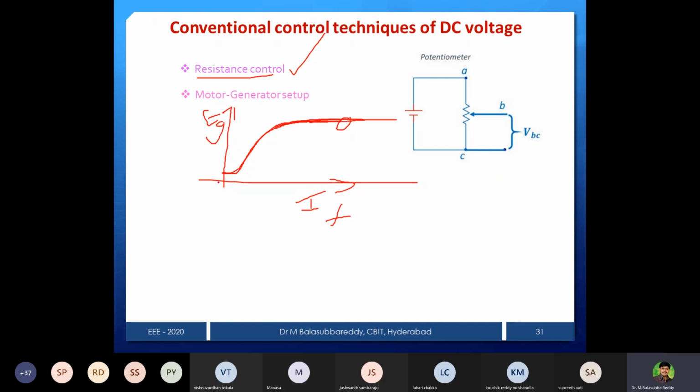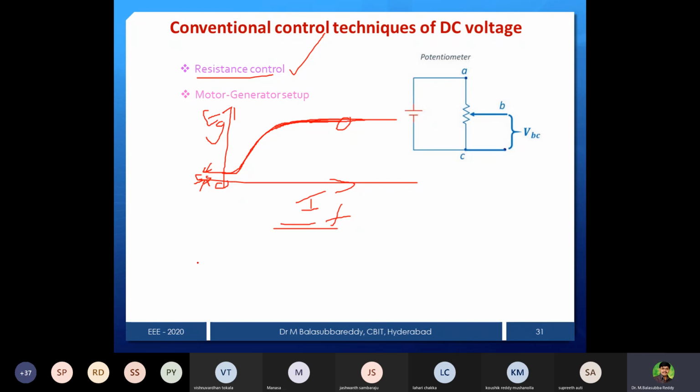From this, we can notice that from near zero to rated voltage, it varies with the field current, but it's not exactly zero. Due to the residual magnetism, there is a small Eg initially. From that point onwards, it is gradually increasing. Finally, it reaches the rated voltage.